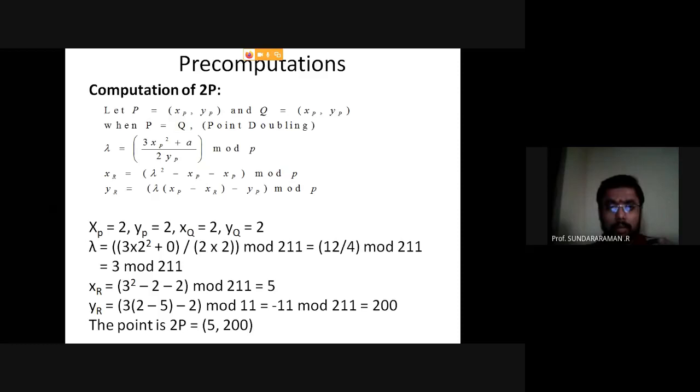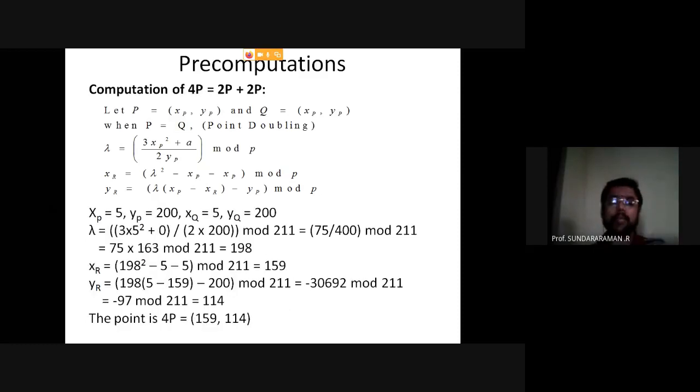See, what was the 2P? 2P is equal to 5 comma 200. Now I am using 5 comma 200 here. So lambda is equal to 198. As you know, this is 1 by 400, the inverse of 400. For inverse modulo, you have to apply the extended Euclidean algorithm.